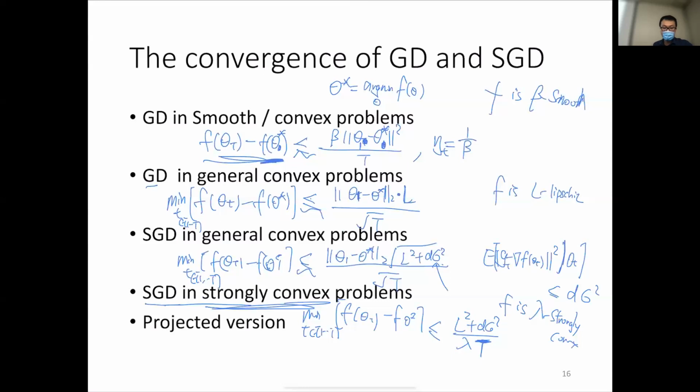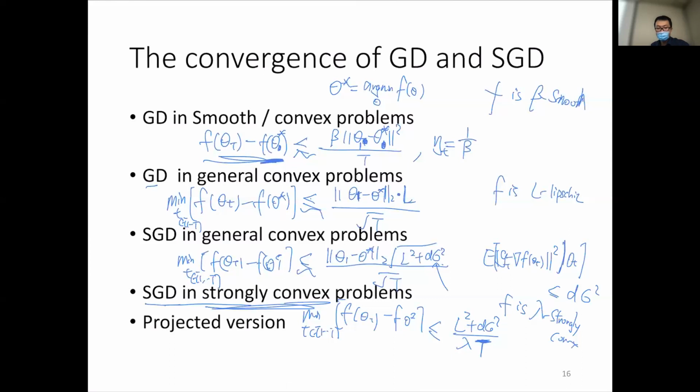I'm skipping the part about the faster convergence of gradient descent on this problem. This is already 1 over t, and if you further assume strong convexity, gradient descent will converge exponentially to the optimal solution. So it's a lot faster. In addition, this 1 over t term for the smooth and convex problem is not actually optimal.